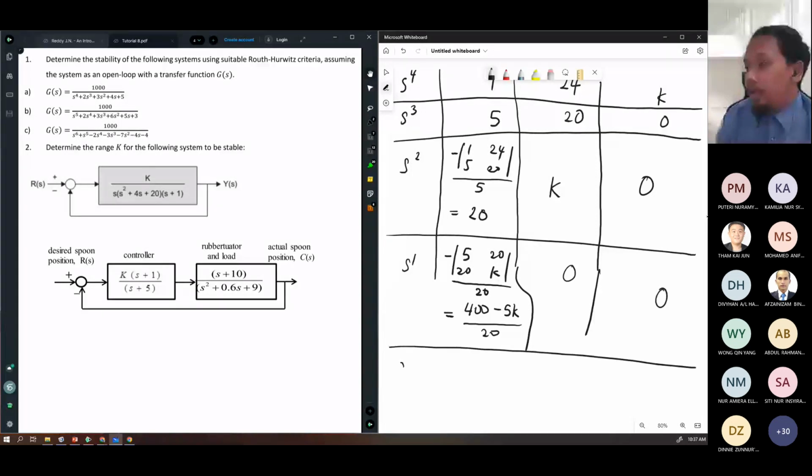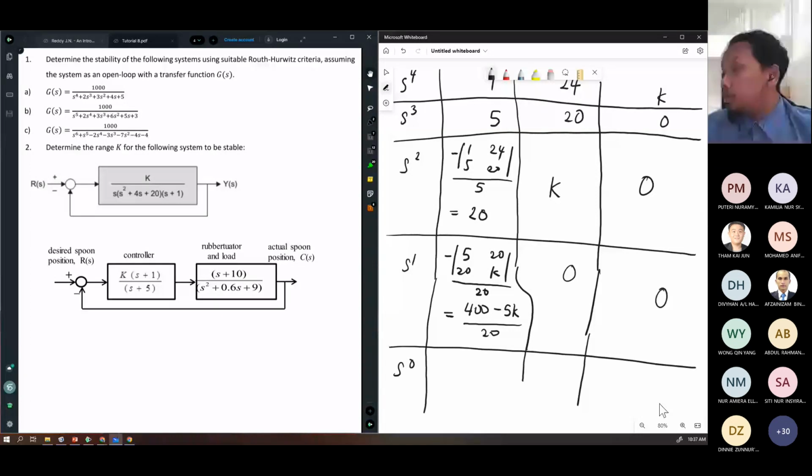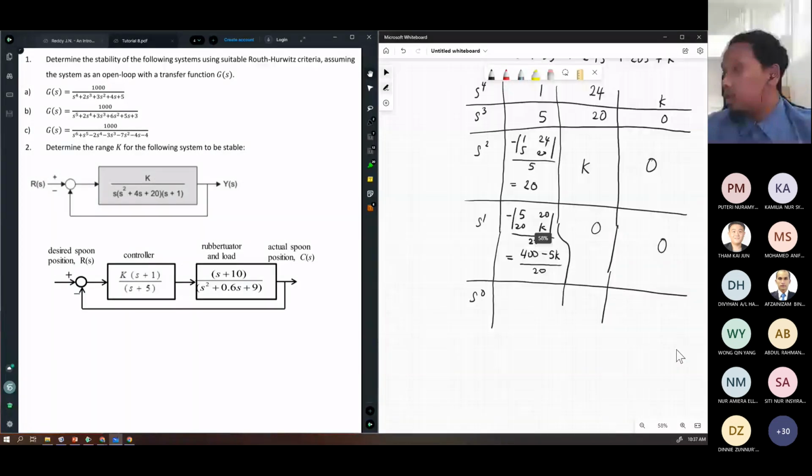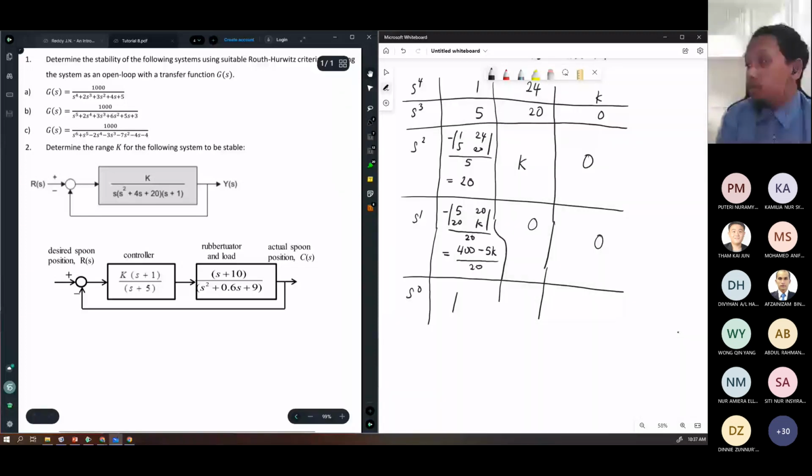And then row S naught. Later on you can check whether my calculation is correct or not. What I did is mental calculation, so maybe I did it wrongly.